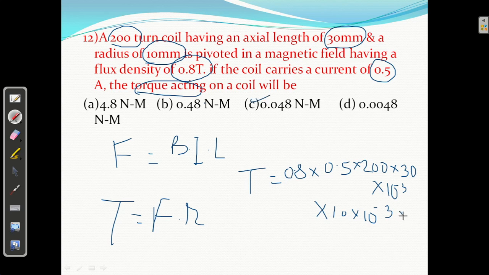You have to multiply by 2 also, because this is the 200 turns coil having axial length of 30 mm. So, okay, how many turns are there?